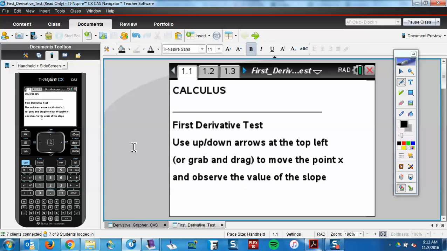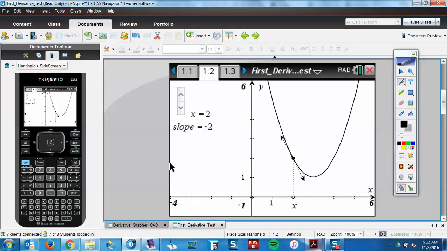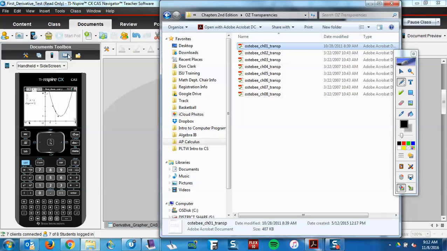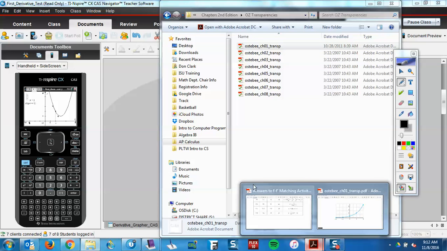All right. So you're going to follow along through this worksheet here. Okay? Let me pull mine up here. I thought I had it. Hold on a second.